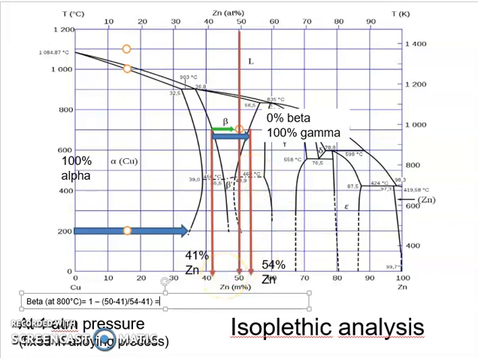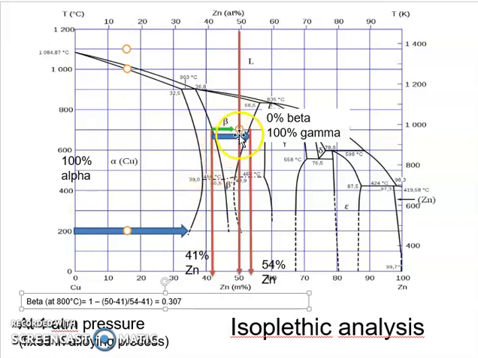Okay, so let me do it in my calculator. 1 minus parenthesis 50 minus 41, close the parenthesis, divided by parenthesis 54 minus 41, and again 0.30, 0.07. That's the percentage of beta.